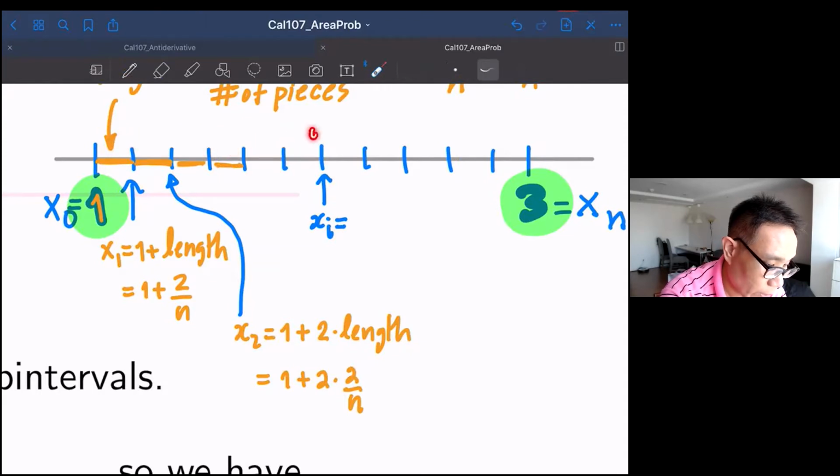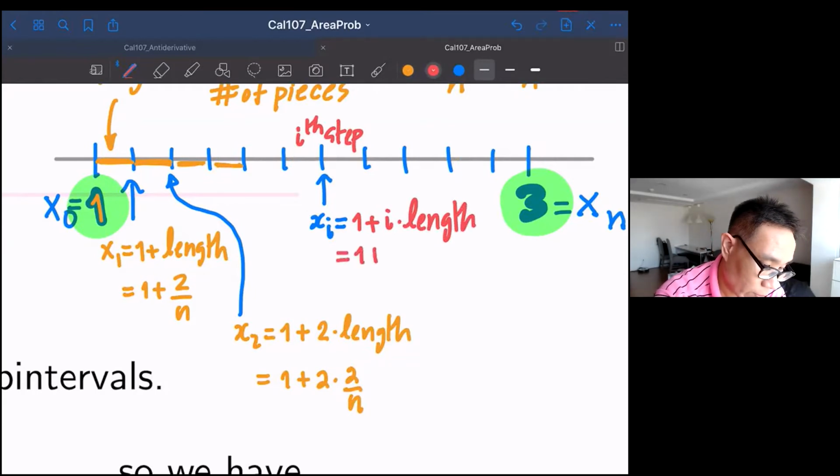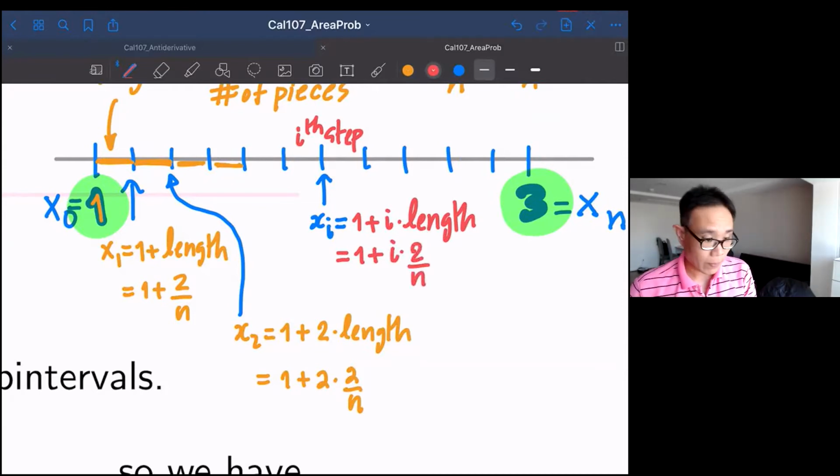So this one is the i-th step. I step turned out to be just 1. Okay, so you begin at the same place plus i times the length. And in this case, you get 1 plus i times 2 over n. Okay, so that's my xi.